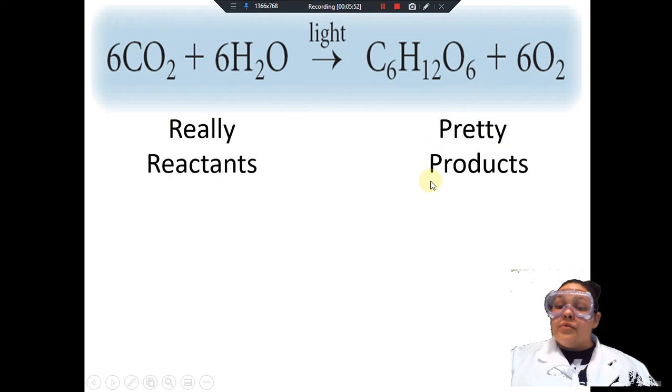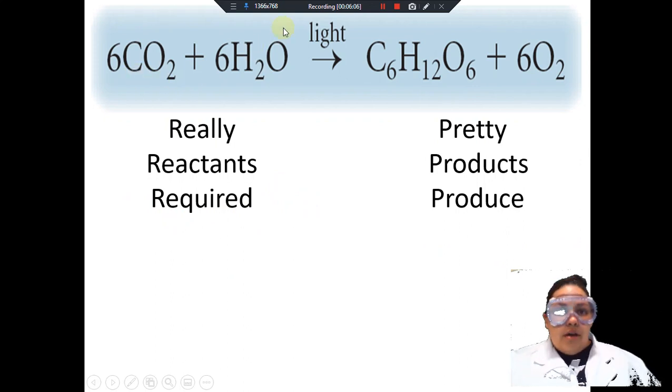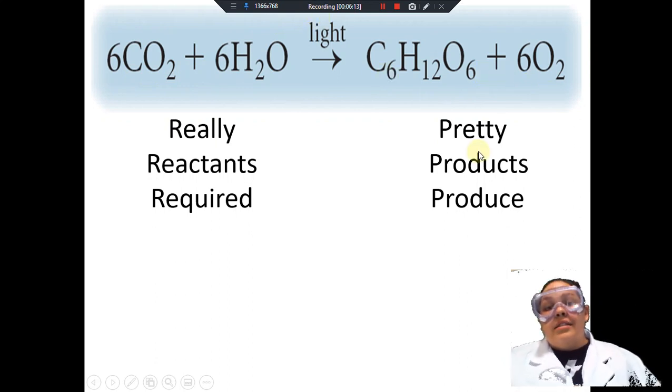P is for products. Another way that you can remember what's on what side of the equation is required and produced. What's required for photosynthesis is carbon dioxide, water, and light. What does photosynthesis produce? Sugar and oxygen.